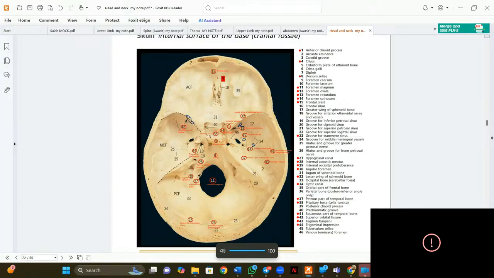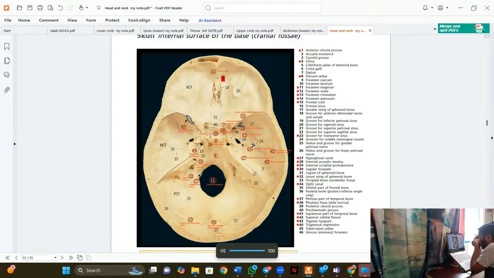Yeah. 27 is hypoglossal canal. 27 hypoglossal canal. Oh, yes. 28 is internal acoustic meatus.